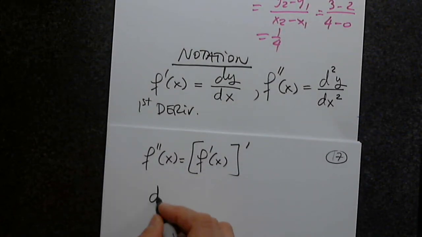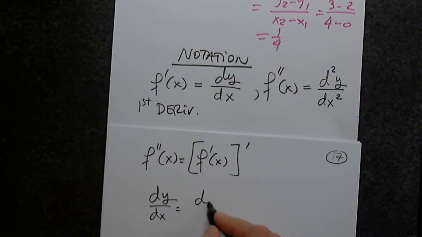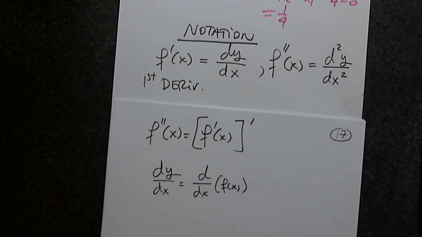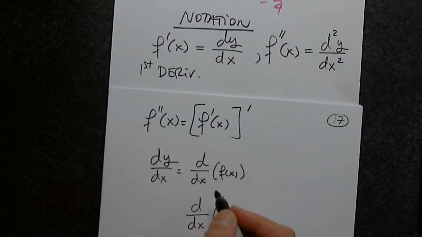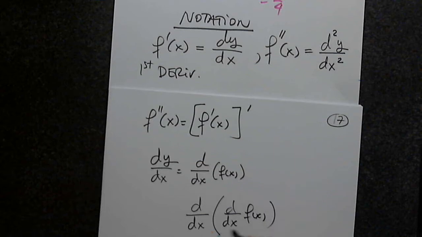So now dy over dx can be rewritten as d over dx of f of x, same thing, slightly different notation. When I want to find the second derivative, it's d over dx applied to d over dx of f of x.